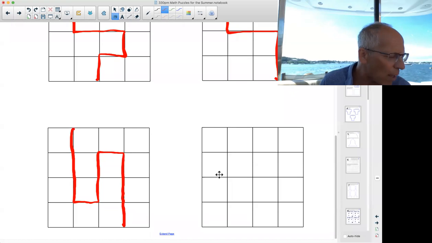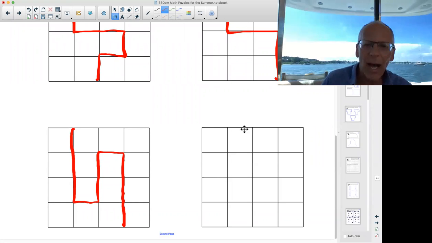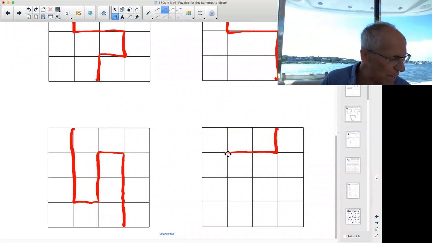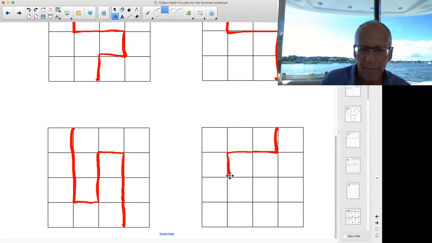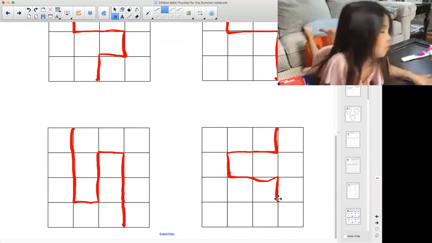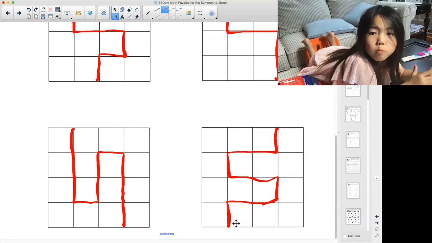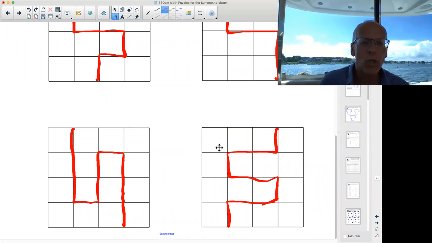And there's one other that looks kind of like the letter F. I say it's F for fantastic, because you mathematicians are truly fantastic. And I don't know if this works, but I think it does. So I believe that these are the only solutions, but you guys can look for more.